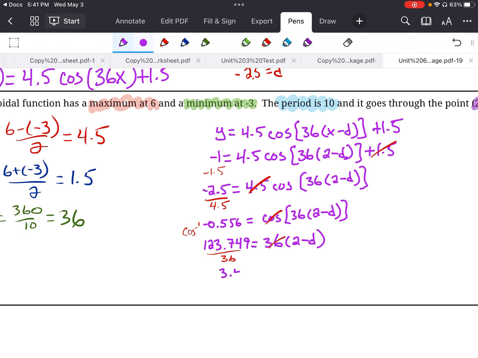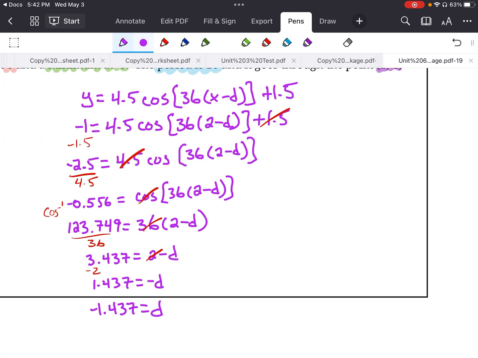So 3.437 equals 2 minus d. Subtract 2. 1.437 equals -d. So -1.437 equals positive d.